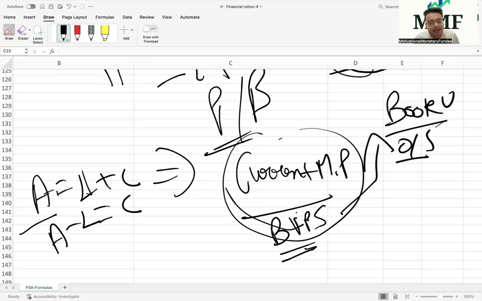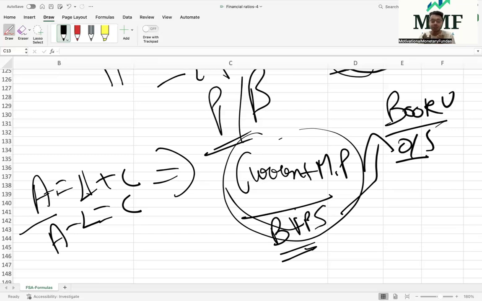Right? And similarly we can calculate price to book value. Again, the same logic as price to earning. You have to compare your company with a similar company in the same industry only, to know whether your company is overvalued or undervalued based upon the price to book. Okay? You cannot compare Tata Motors with TCS. You cannot compare Mahindra and Mahindra with HUL.